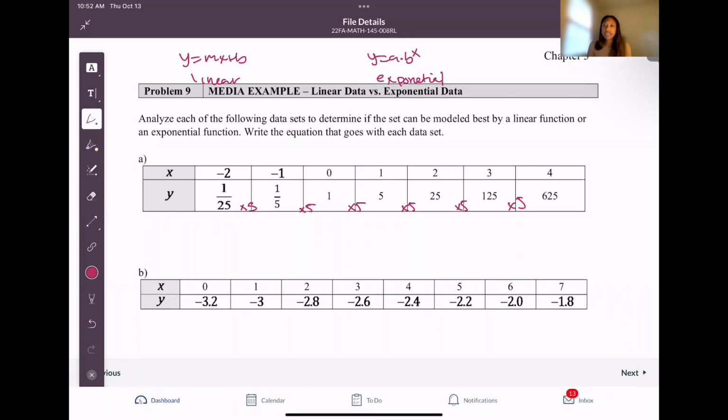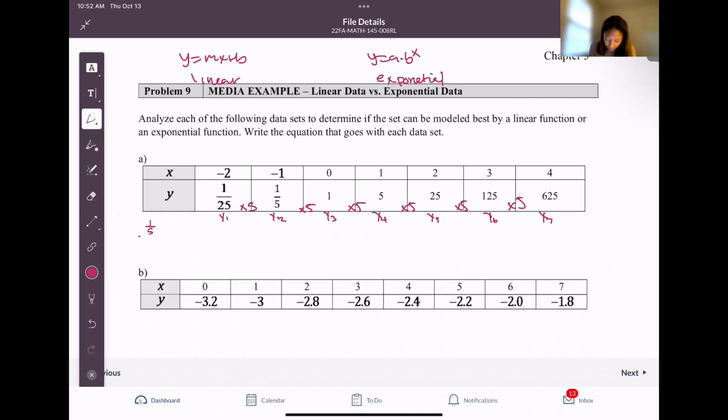We can say, this is an exponential function with a base of 5. If you don't recognize that, then you should do a little bit of dividing. You'd have to be careful with this. So again, to be clear, you can stop there if you recognize that the outputs are being multiplied by 5. If you don't, then you would look at the ratios.